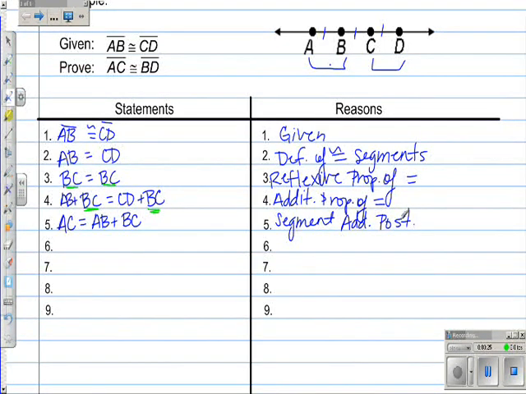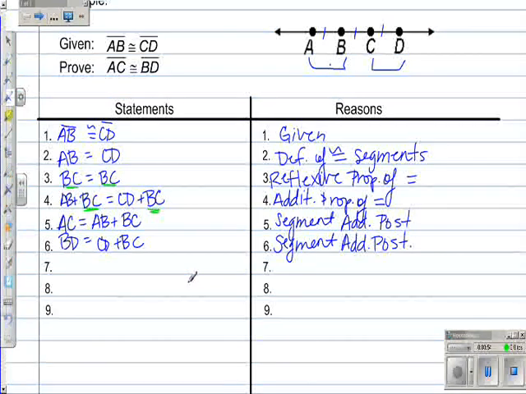Okay. We also know that BD is the length of CD plus BC, because we see that right here as well, so I want to use that. So BD equals CD plus BC, again by segment addition postulate.